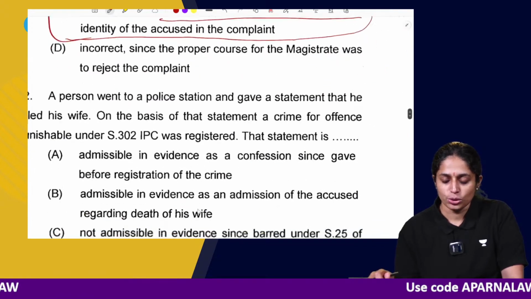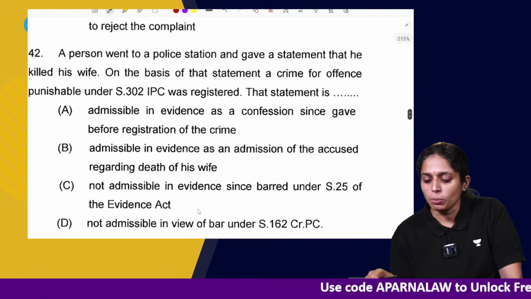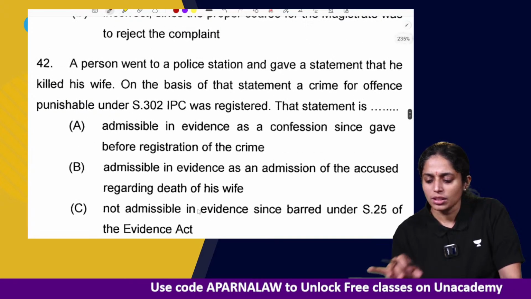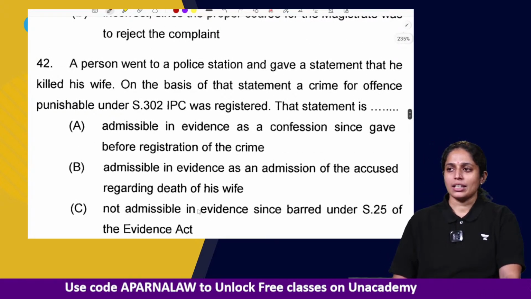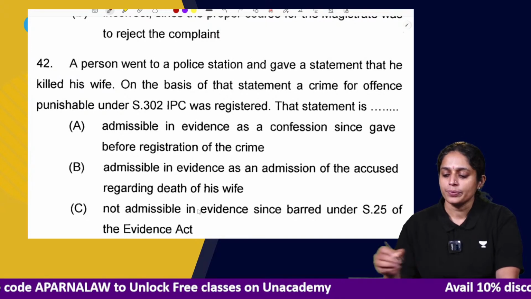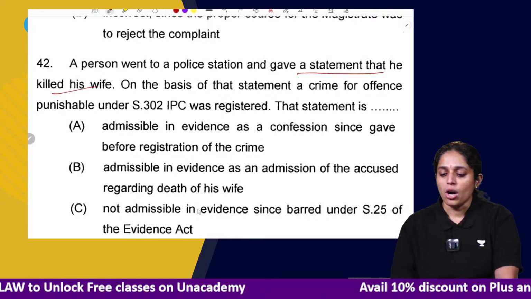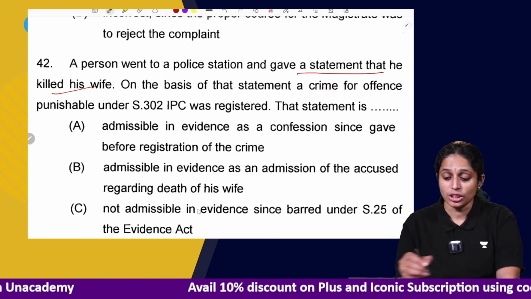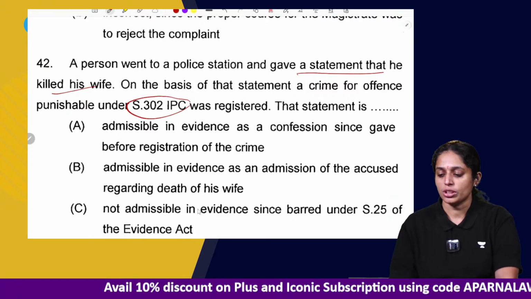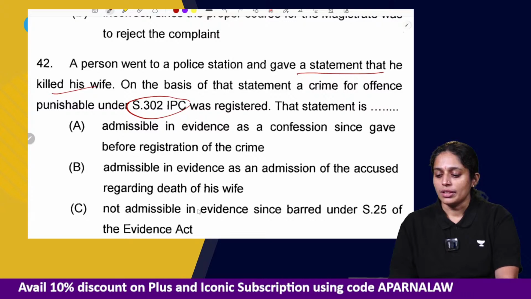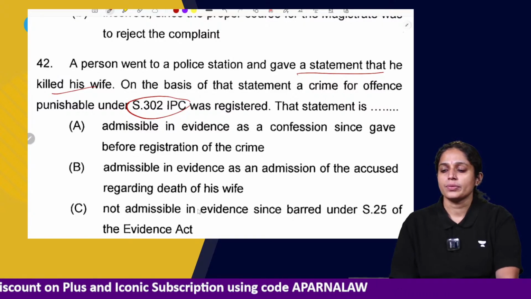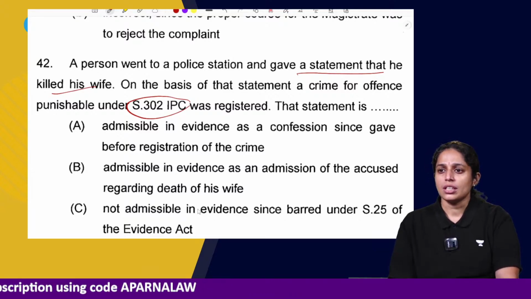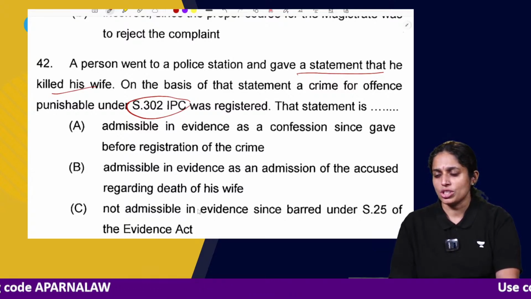Next one, the 42nd question. A person went to a police station and gave a statement that he killed his wife. On the basis of that statement, a crime for an offence punishable under section 302 IPC was registered. A. That statement is admissible in evidence as a confession, since he gave it before registration of the crime.